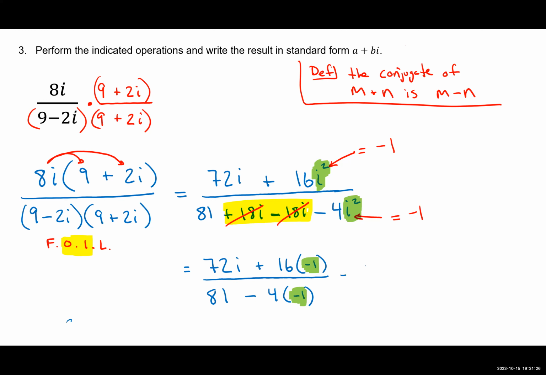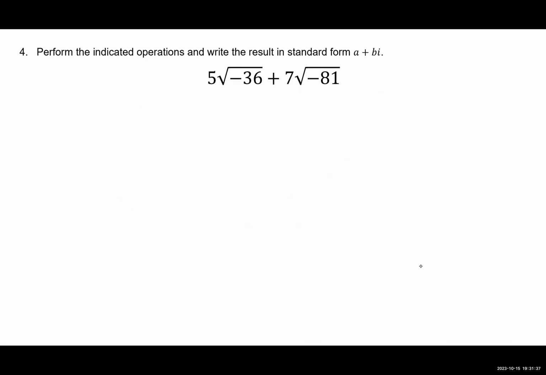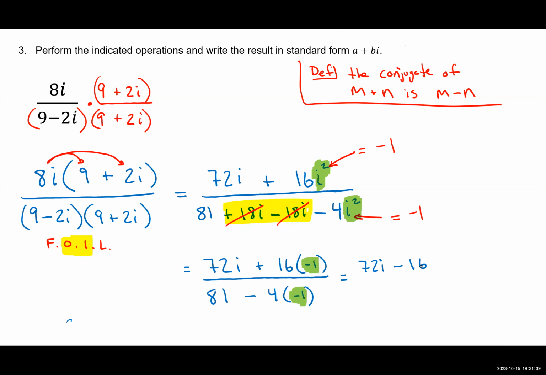Okay, so that's 72i on top, the numerator of the fraction. We got 72i plus 16 times -1, so that's minus 16. And on the bottom, we've got 81 minus a -4. 4 times -1 is a -4, so minus a minus is a plus.